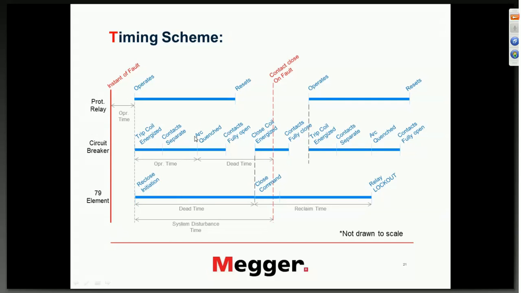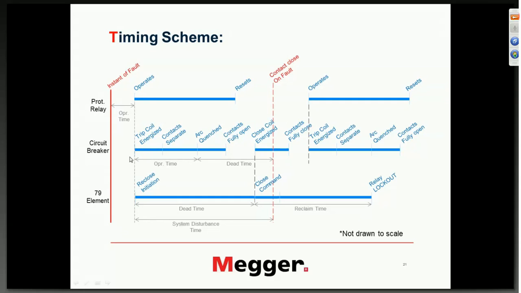And as we discussed in the first slide, the auto reclosure is nothing but a circuit breaker with an auto closing mechanism, and a circuit breaker is nothing but a switch with an arc quenching mechanism. So once the contacts separate, to prevent the arcing, there will be an arc quenching method, and the arc is quenched, and the contacts are fully open after a while.